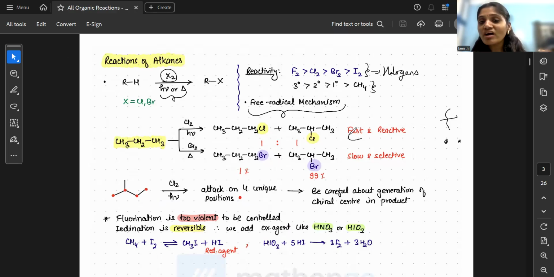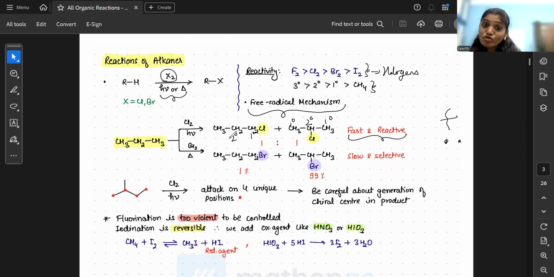Chlorination reaction is very fast and reactive. Because chlorination is very fast and reactive, it will not see if it is attacking a primary carbon. If you see, this is your primary carbon and this is your secondary carbon. Whenever the carbon is attached to one carbon, we call it a primary carbon.